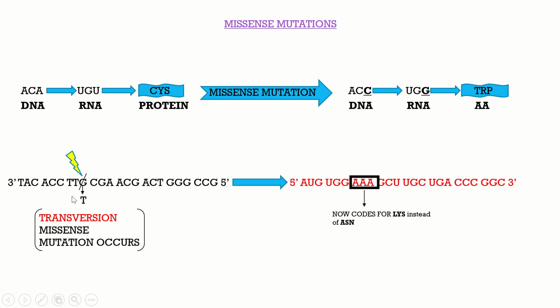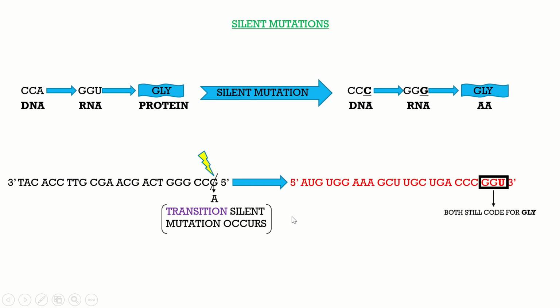So this TTG, which would be AAC, would code for lysine, but now TTT goes to AAA, which codes for ASN now. So a change in amino acids because of one single base.